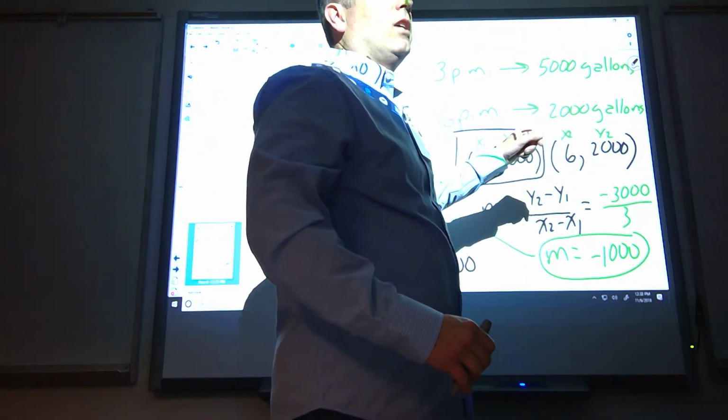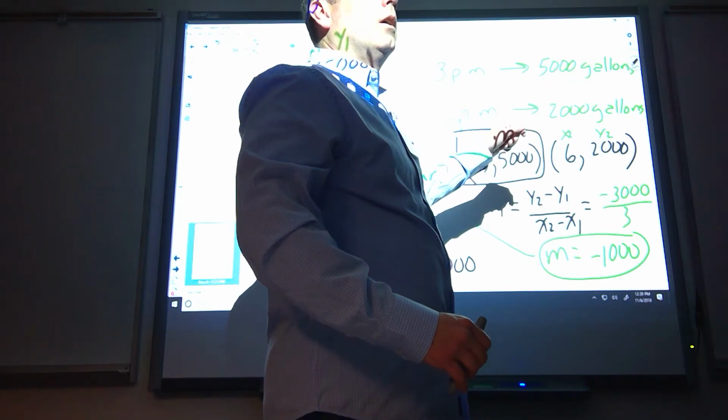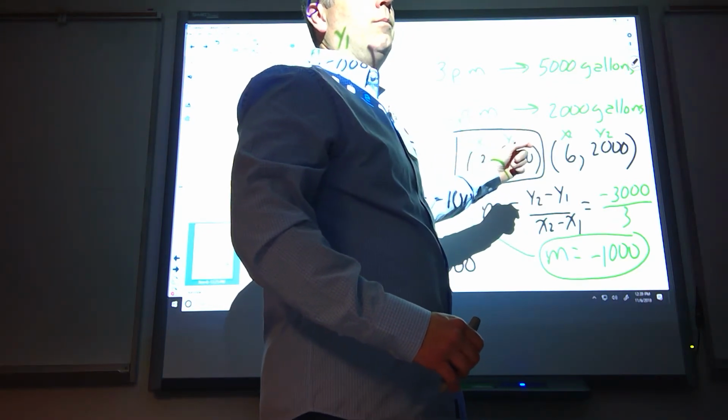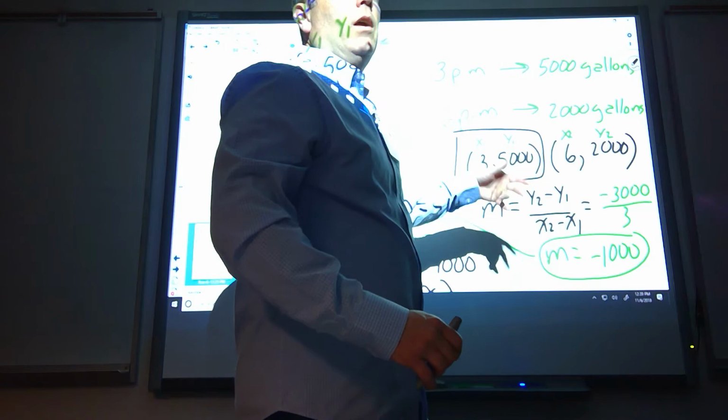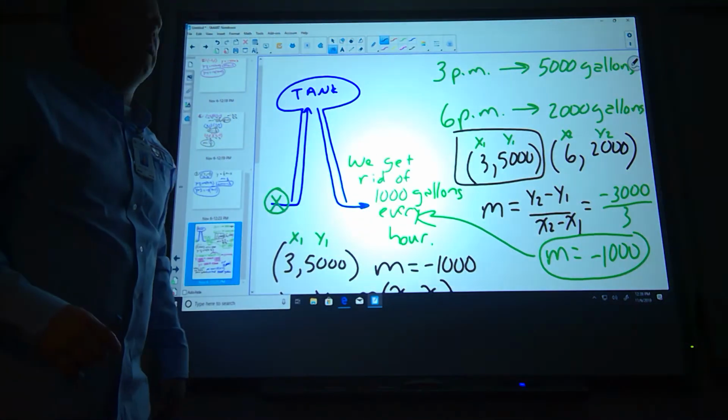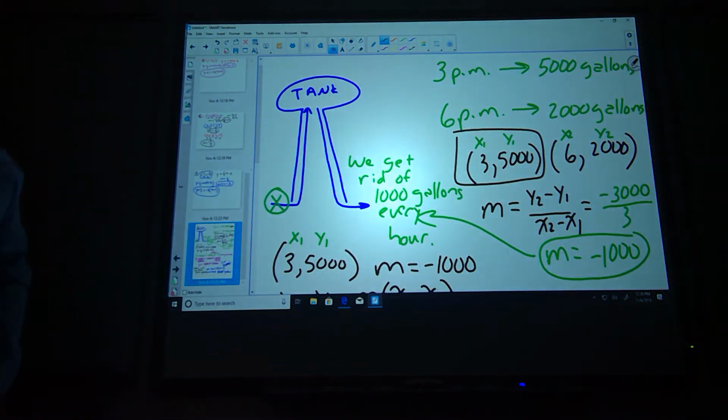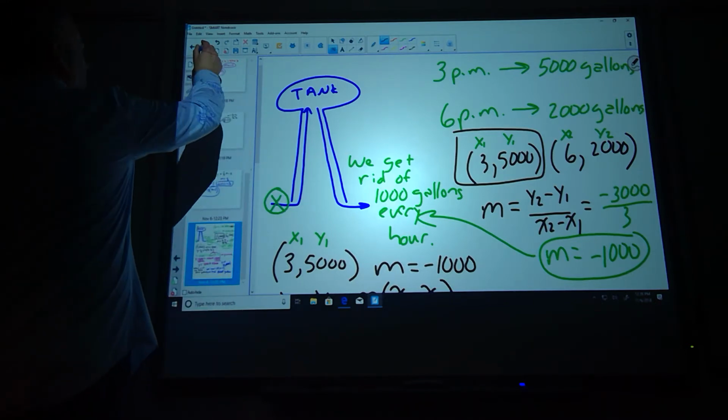So what would we have at 7 p.m.? 1,000. What would we have at 8 p.m.? Nothing. So at 8 o'clock on this night, this water tank's empty. Okay? But that is a real life look at this information. So this is a decreasing slope. Agreed? Okay.